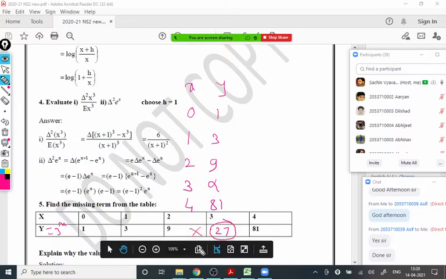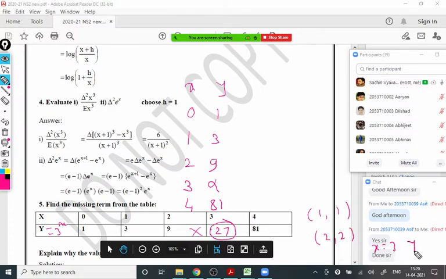27 is the wrong answer for us because you are writing 27 by observing the function, which is the exact value. Actually, that is the correct value, but we are not interested in the correct value of the function. We are interested in the approximate value of the function. For example, suppose we are given 2 points, 1 comma 1 and 2 comma 2, and I ask what is y when x is 3?